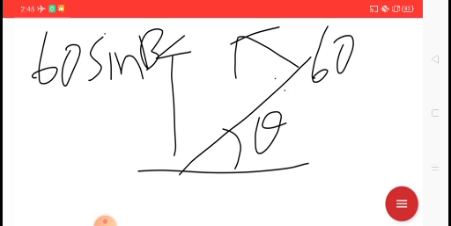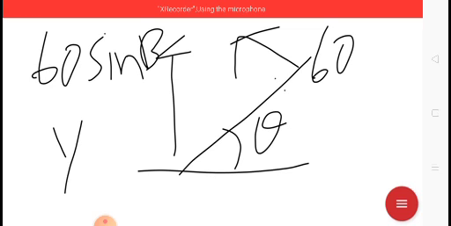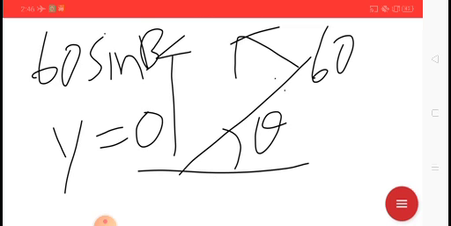Second mark: the question asks you to state the vertical displacement after 10 seconds. After 10 seconds, the particle reaches the ground again, so y equals 0. Very simple, right?